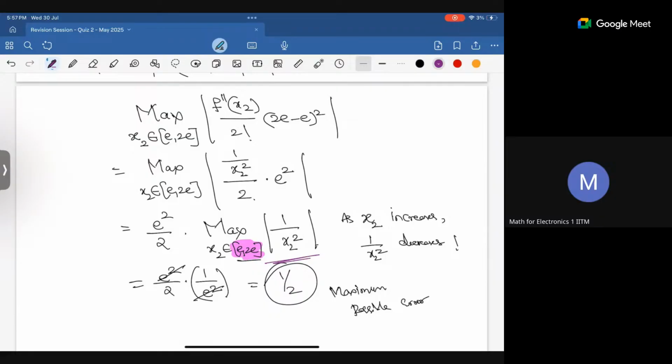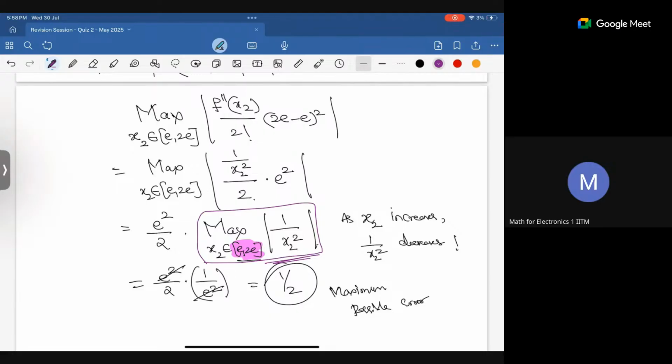Look at that expression, how it is, and then decide at which point it attains the maximum. And it's not the point at which it attains the maximum; we have to take the maximum value actually. I hope you all know this, and we have used that only. So we didn't take the point where it attains the maximum, we took the value.